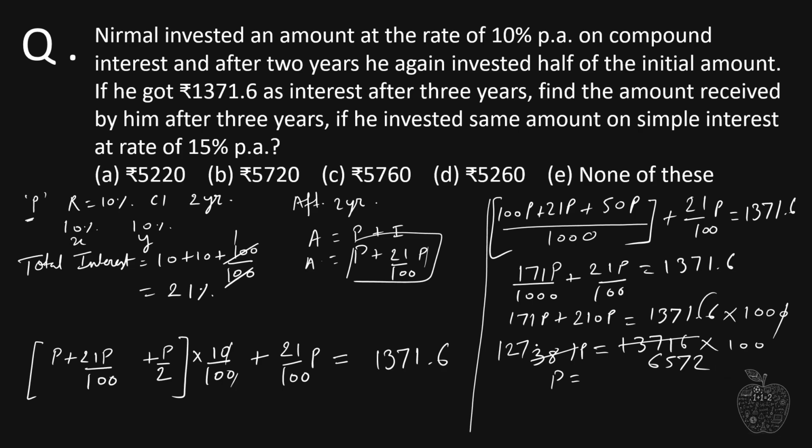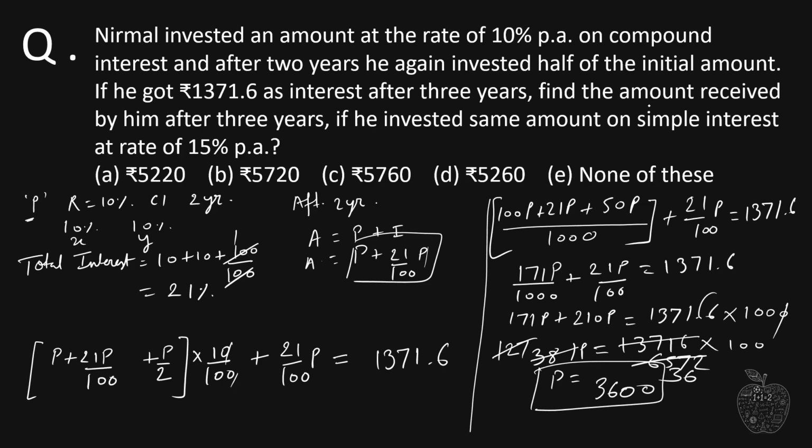I've already calculated this. This comes out to be, I hope this is right, 36. So P is 36 into 100, so P is 3600. We got the value of P.